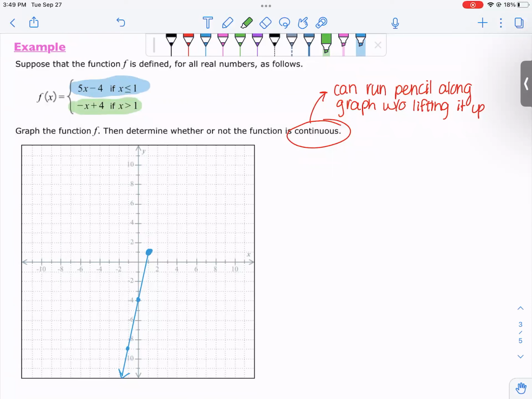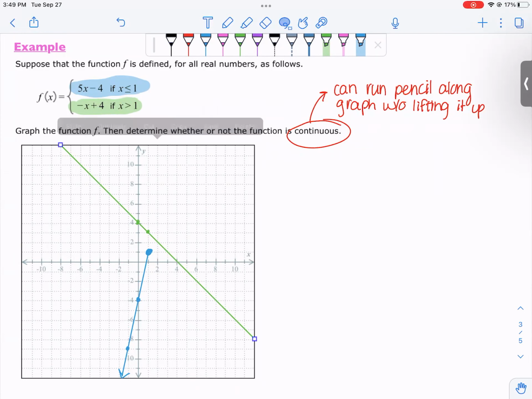Negative x plus 4 if x is greater than 1. So negative x plus 4, I'll just extend that line infinitely. This would be the line negative x plus 4 if it went the entire way, but it says it's only true if x is greater than 1.